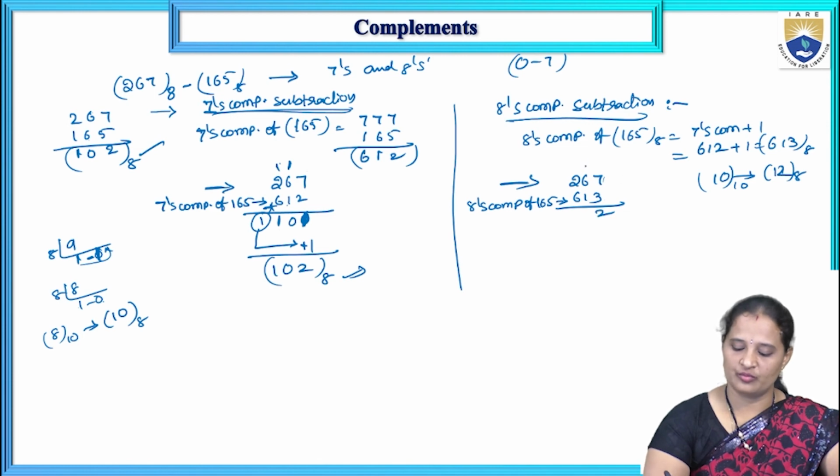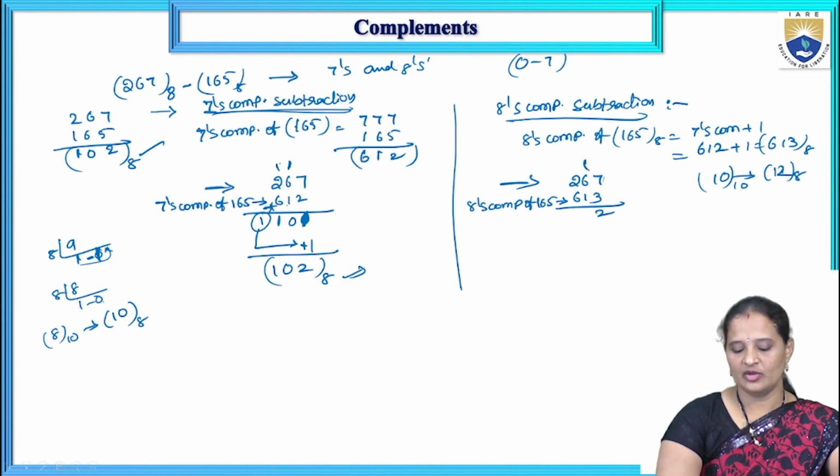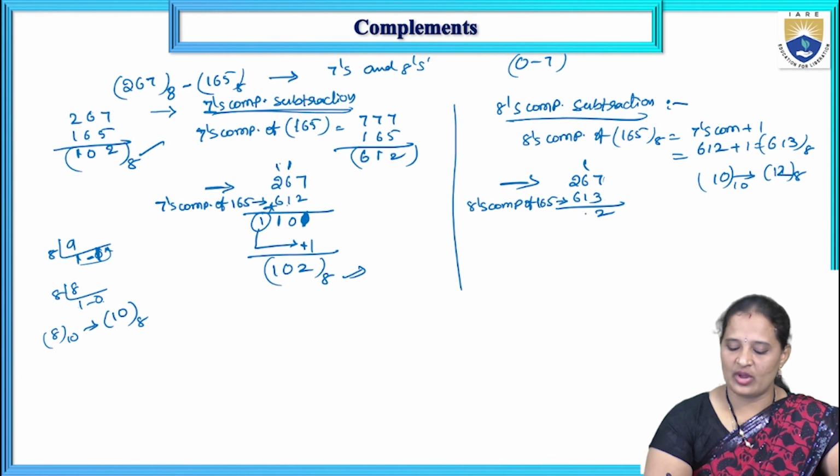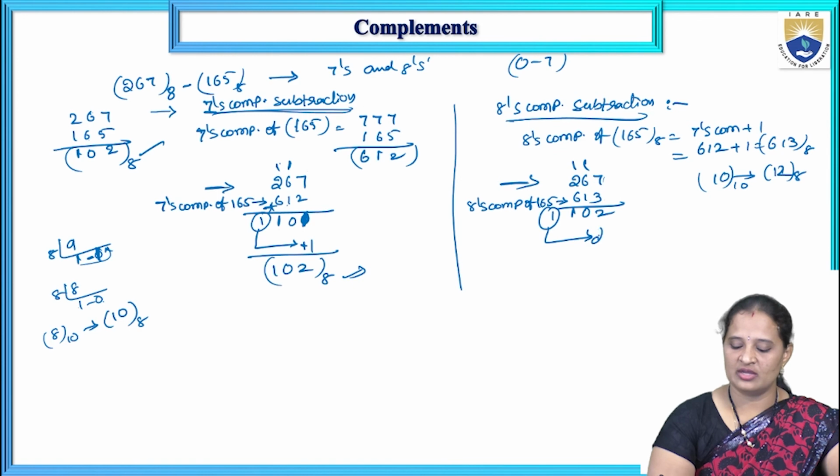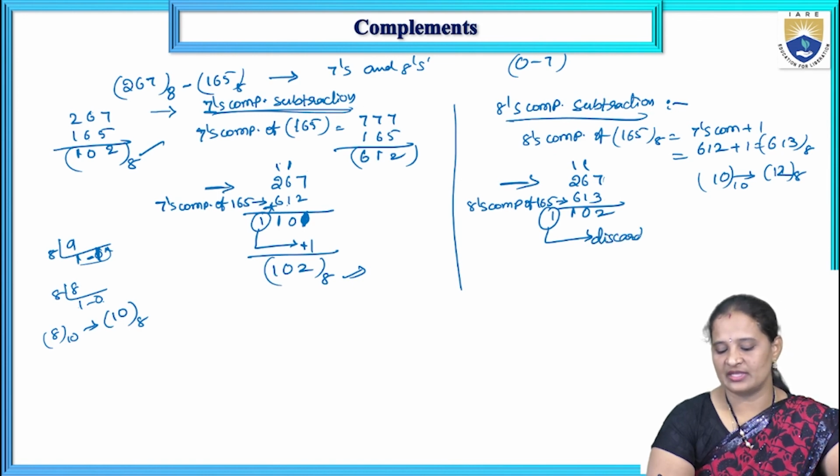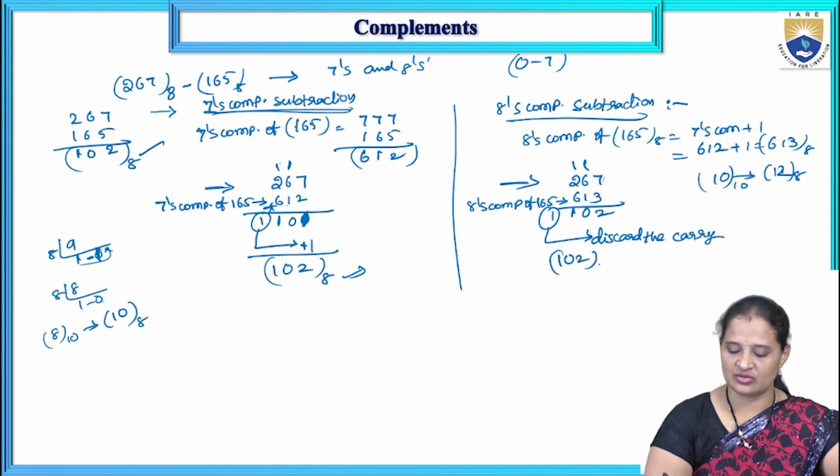So 2 with a carry 1. So again it is 8. 8 again can be represented as 0 with a carry 1. So 9, 1 with a carry 1. So again a carry we have got, just discard the carry, because it is r's complement. Discard the carry and the final answer is 102.